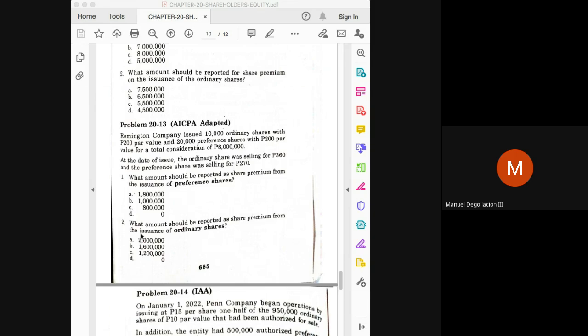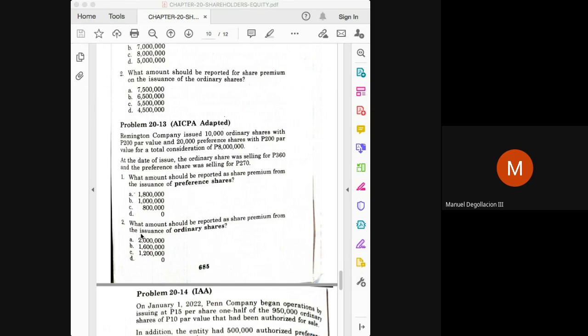That's 10,000 ordinary shares times 360 pesos price per share. Okay, so the total fair value of the ordinary shares is 3,600,000, and the total fair value of your preference shares is 5,400,000. If you add those two, you would get 9 million, and the 9 million would be our divisor in apportioning the 8 million.